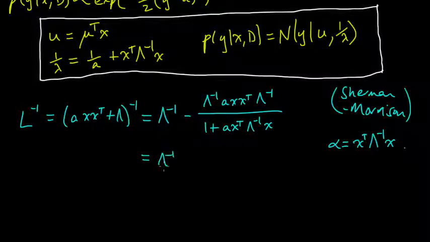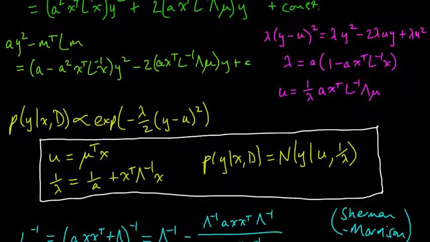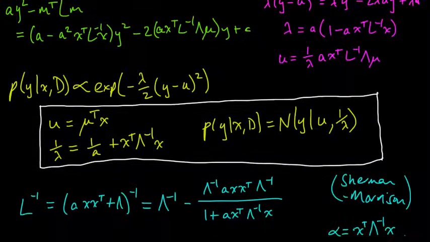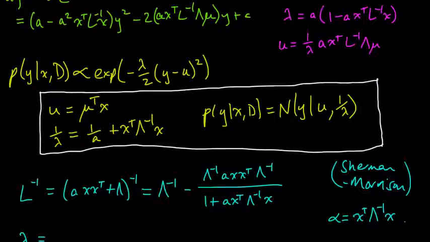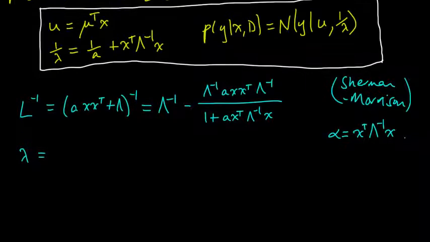So we can simplify this a bit, we just plug in our definition of alpha. Well, I guess we can't simplify it a lot. Let's use that later. Now we want to compute lambda. Actually, first let's compute X transpose L inverse X. I think we'll be able to simplify that using this.